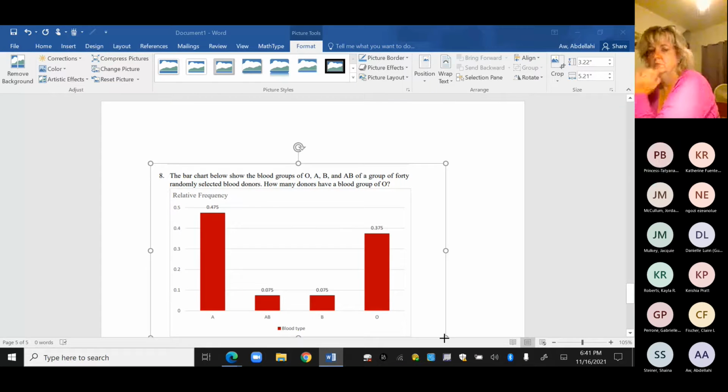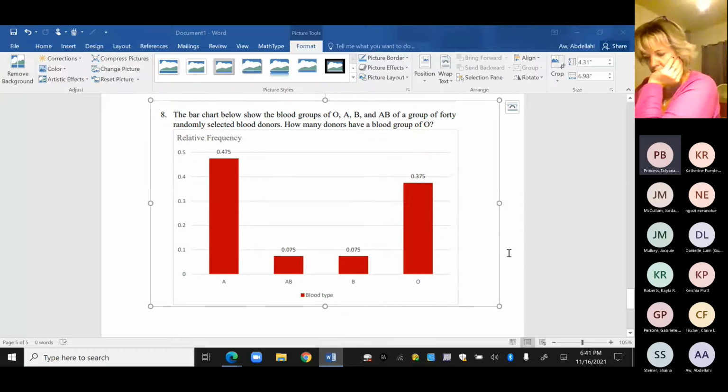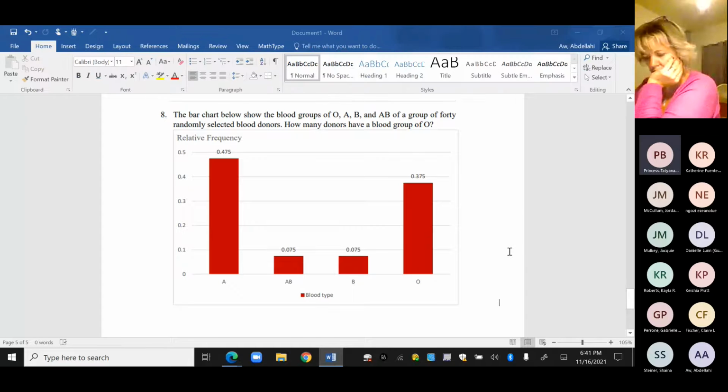All right. Everybody can see this? Okay, so read this for yourself, the bar chart below, etc. Read it for yourself and try to answer this question by yourself. Okay, again, I'll give you like 2-3 minutes for everybody.